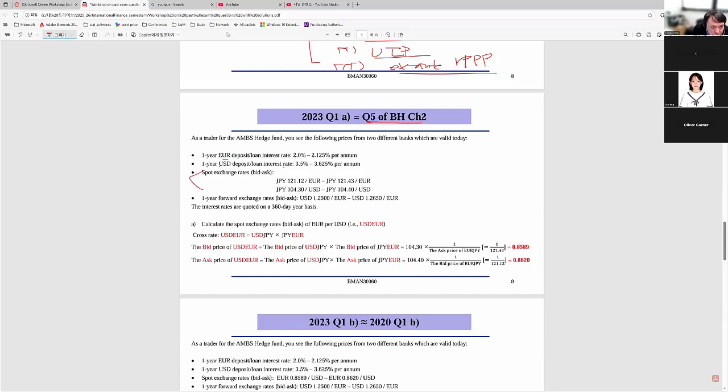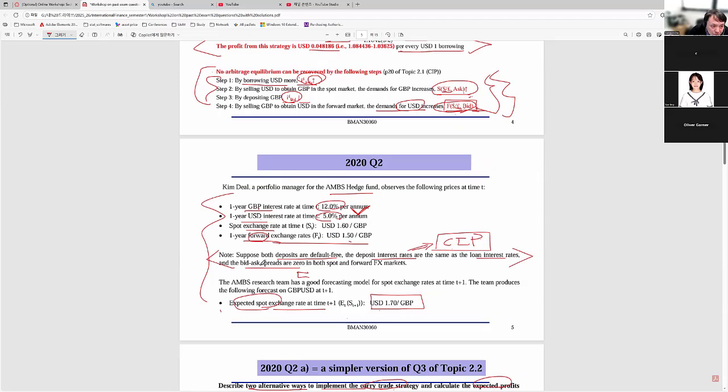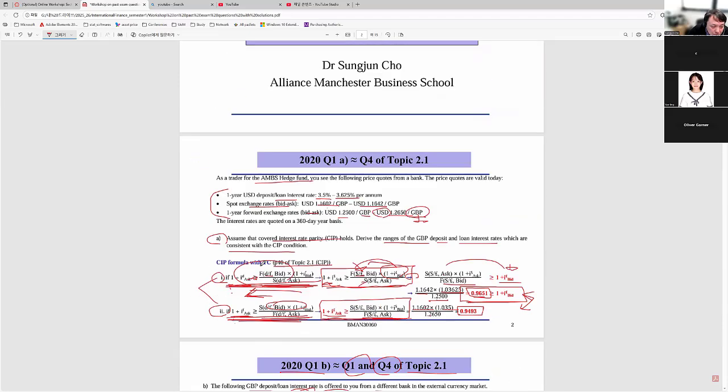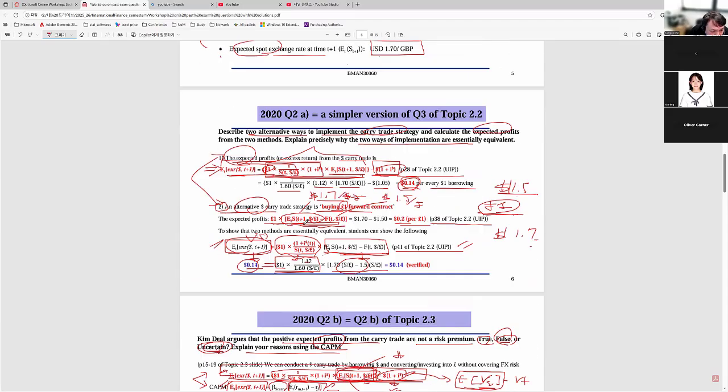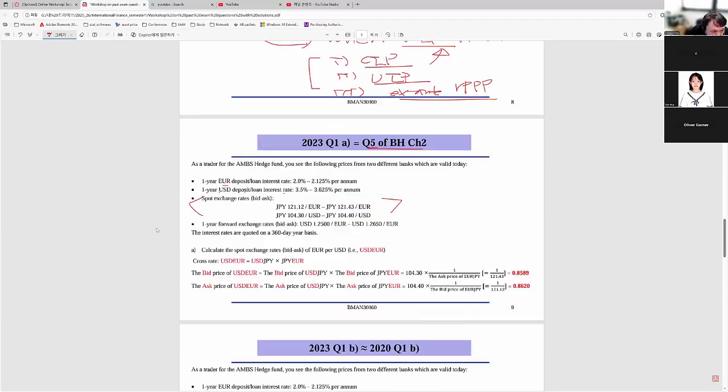Now this one is similar to the 2020 exam question, right? So question 1 of 2020 and question 1 of 2023 are very similar. Both have interest rate, spot exchange rate, and forward rate with bid and ask. So essentially it's almost the same question except for this important part here.